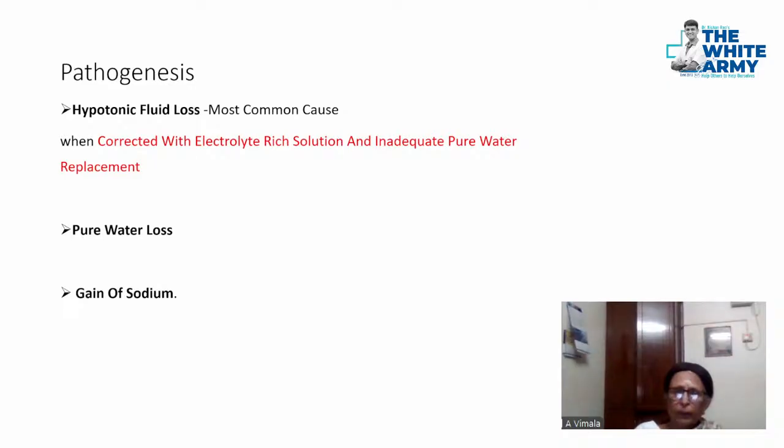That is the most common cause. Again, it will be aggravated if you try to correct the hypotonic fluid loss with isotonic fluids. So the hypotonic fluid loss is the most common cause, which will be aggravated when we try to correct that with an electrolyte-rich solution, which is inadequate in pure water. That is the first cause.